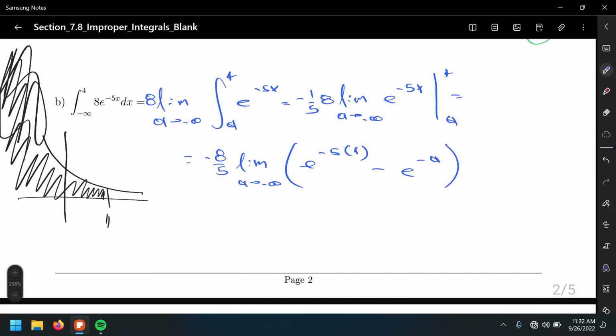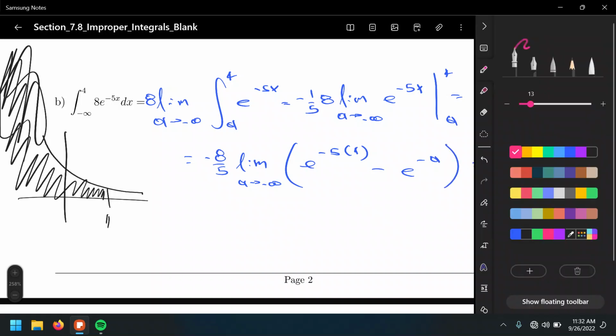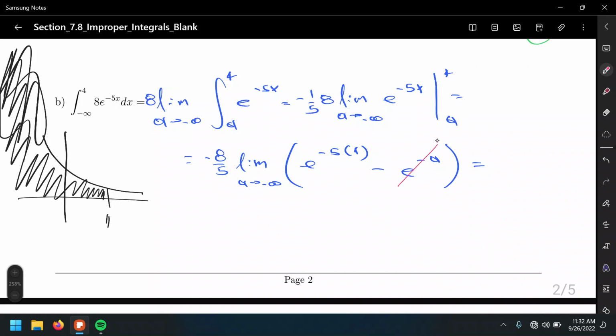Alright? And number one, where is this limit going to go to? Be careful with the signs in here. Infinity? Okay. So technically, the arithmetic with infinity only works when we're multiplying signs.